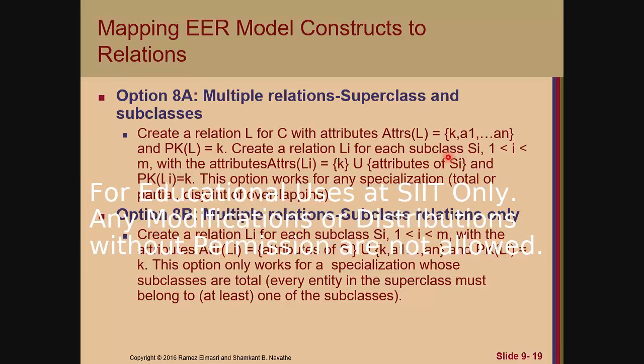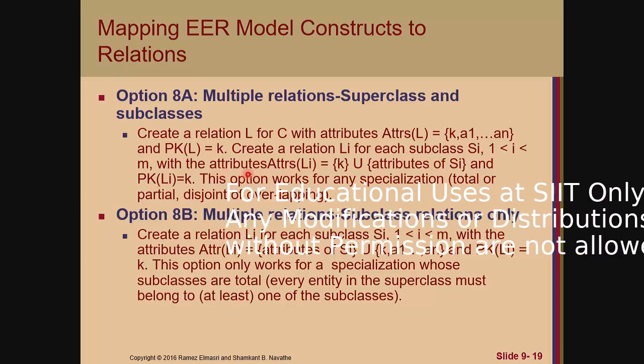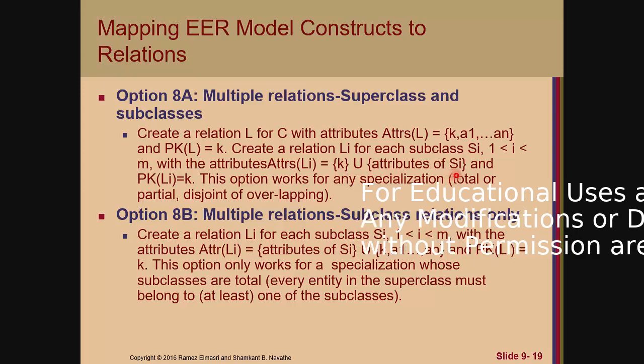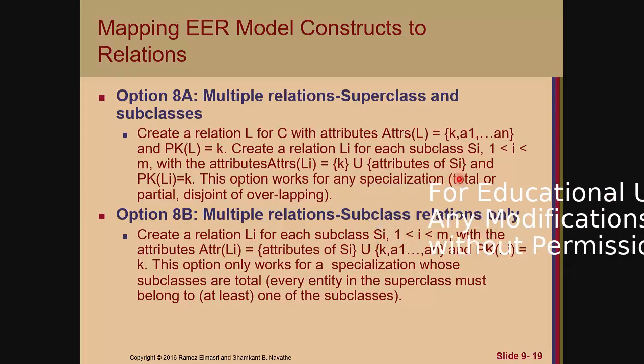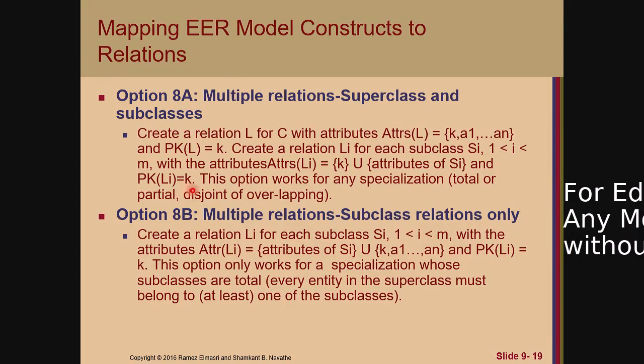The attributes of Li equal K union the attributes of Si, and the primary key of Li is K. This option works for any specialization, whether total, partial, disjoint or overlapping.